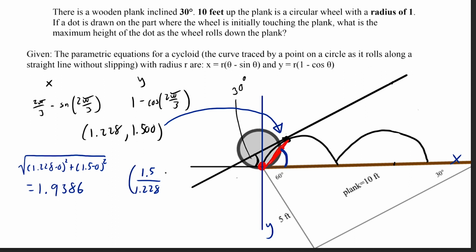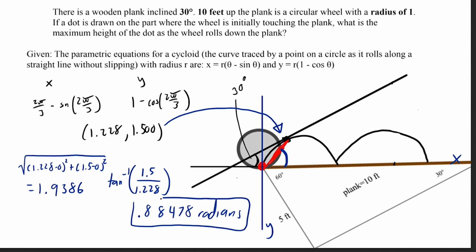And so doing that, we'll take the inverse tangent of this. We get 0.88478 radians. So now we have this number and this number that we'll bring back into the original drawing.